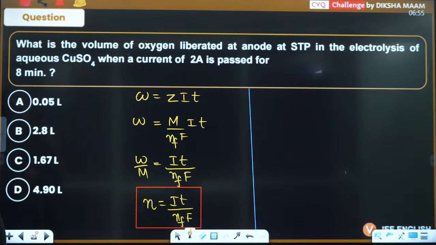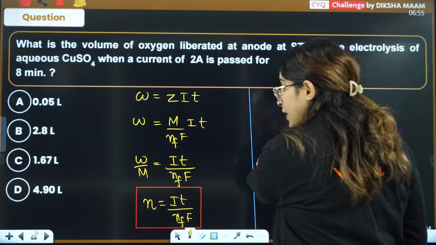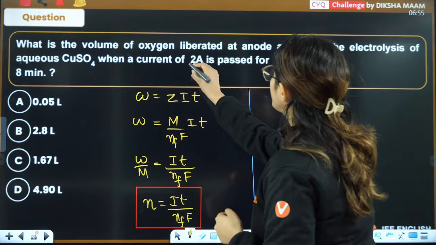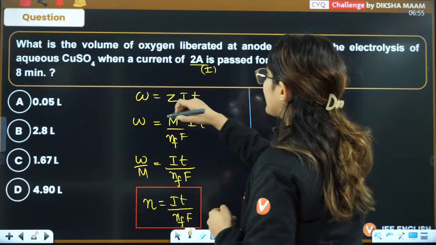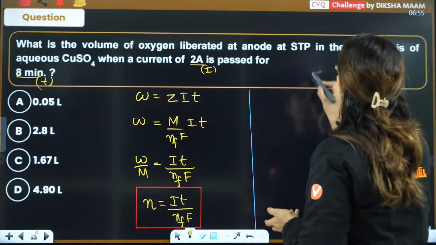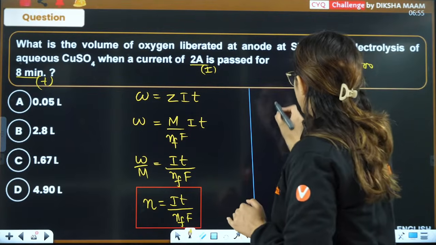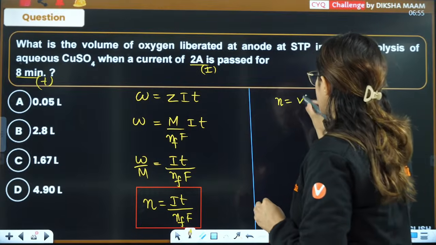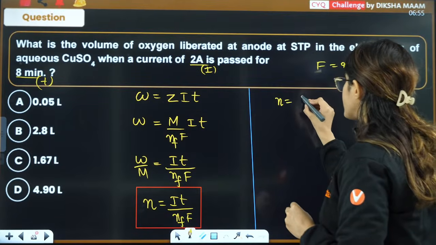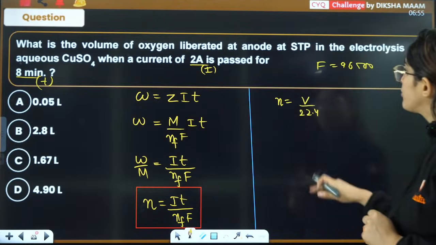Okay. So N factor you have to calculate, current is given to you, that is 2, and time is given to you, that is T, and Faraday is 96500. So once you calculate the number of moles here, number of moles is also volume divided by 22.4, so you can easily calculate the volume as well, right?